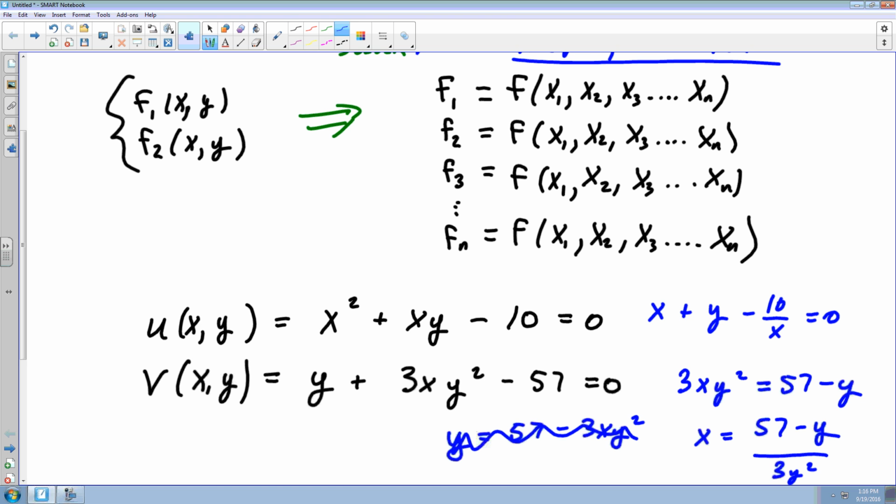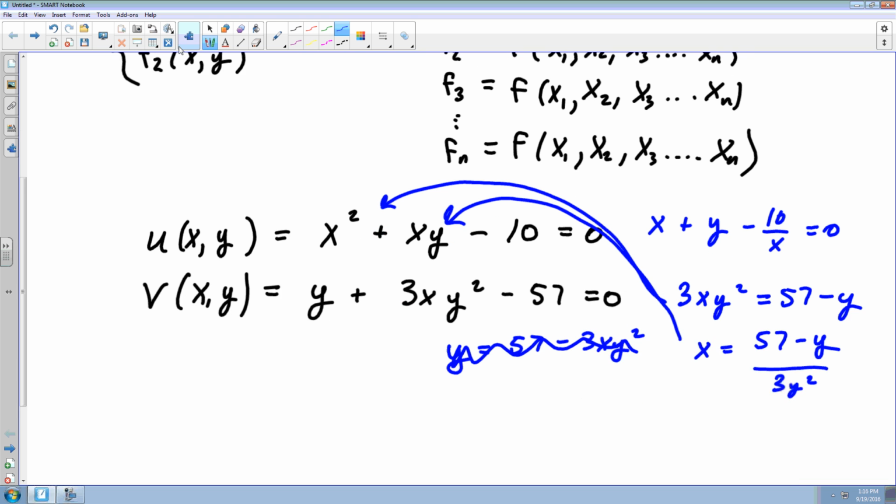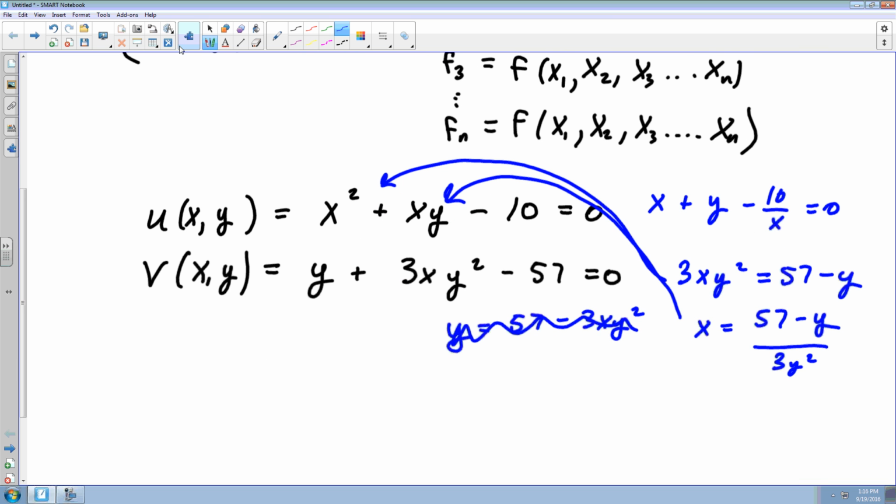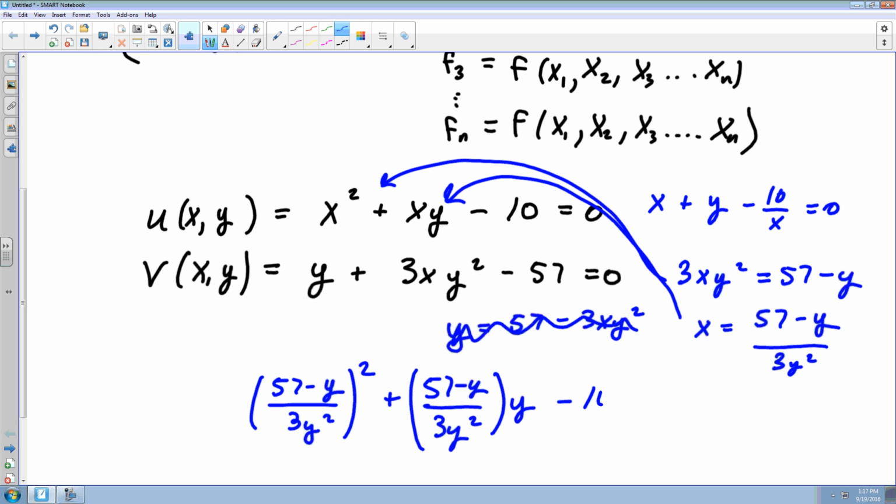Okay, and then we could try to plug that into the other one. Yeah, that might work. It gets a little messy, but we may be able to do that one. So we got 57 minus y divided by 3y squared, all squared, plus 57 minus y divided by 3y squared times y minus 10 equals 0.